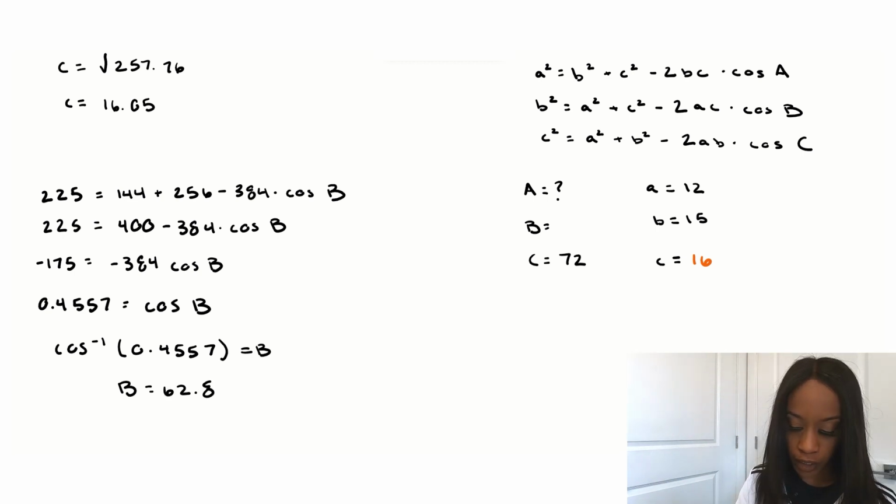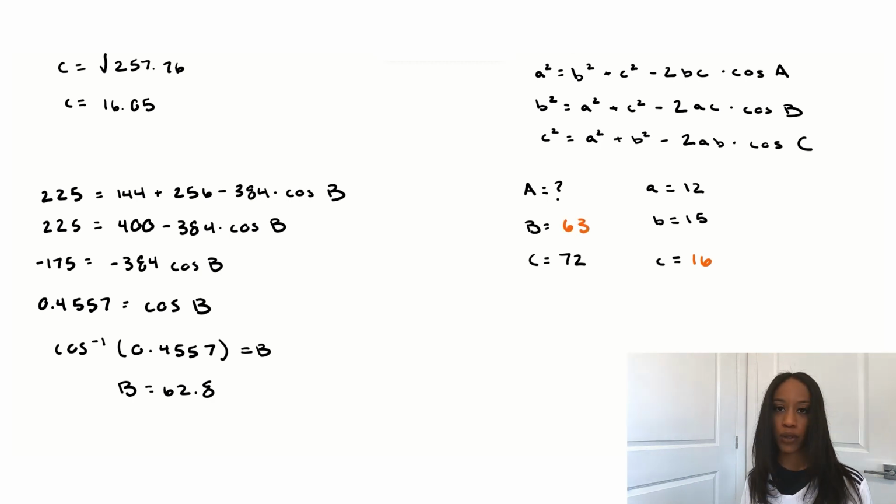We are rounding to the nearest whole number, so that gives us a final answer of 63 degrees for the angle B. So the final thing we need to solve for is angle A.